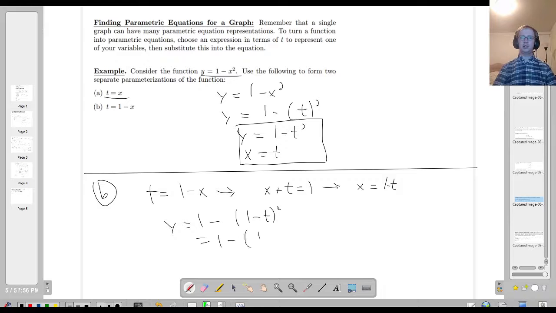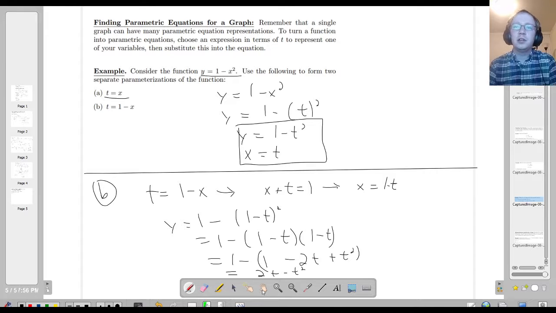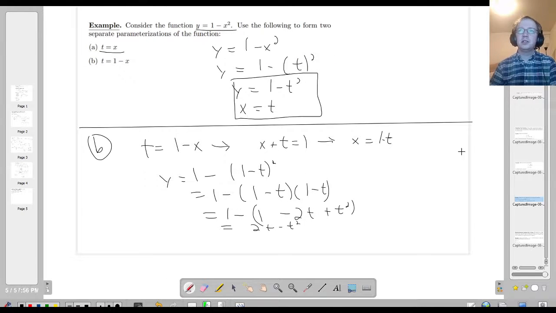It's 1 minus, I need to FOIL this out, 1 minus 2t plus t squared. And if I distribute that negative sign, I've got 2t minus t squared. Okay, so my parameterization here is that x equals 1 minus t, and y equals 2t minus t squared.